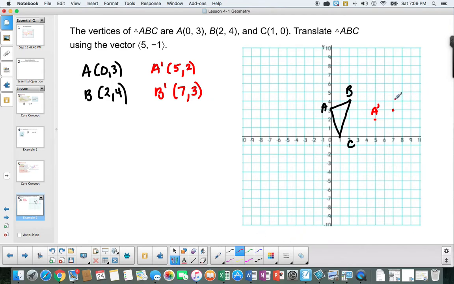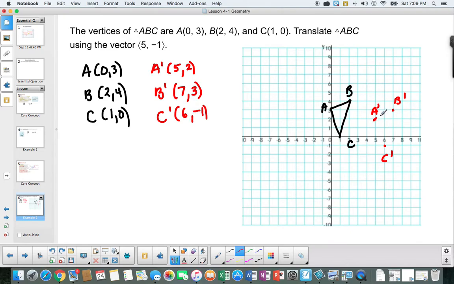So that's B prime. And now C, I'm going to move over 5 units, 1, 2, 3, 4, 5, and then down 1. That's going to be C prime. So C is (1, 0), and C prime will be (6, -1).